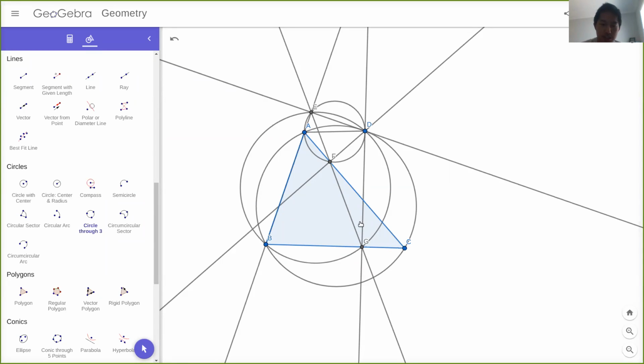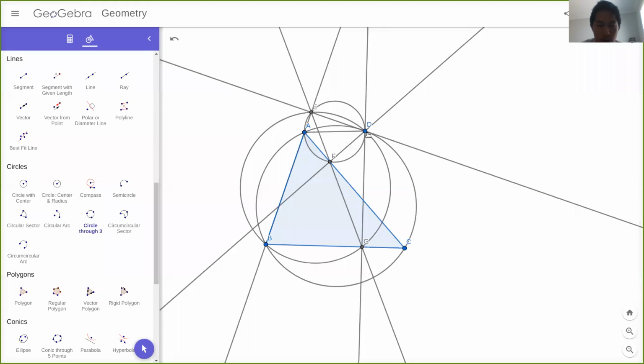So DEG, this circle, seems to go through B. And so we can verify it again in the same way. DEB, this angle is a 90-degree angle. And then DGB is a 90-degree angle. So DEB plus BGD is 180, and so it's cyclic.